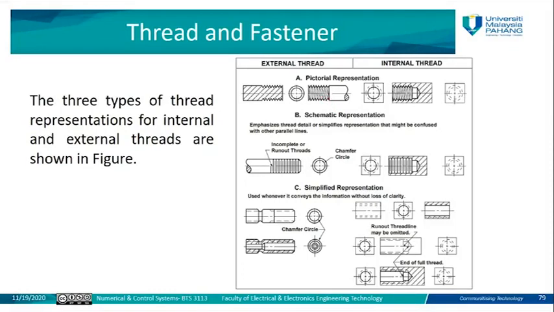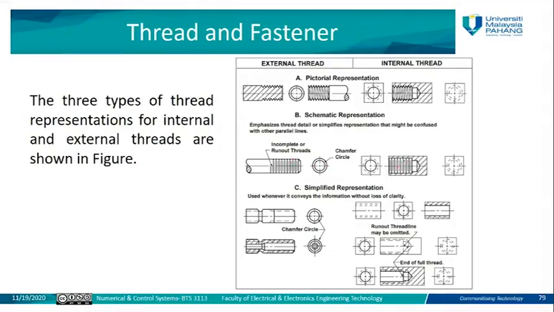But it's also difficult for the designer to draw all these lines with specific angles, with specific dimensions, and so on, to represent either the external thread or the internal thread, either the external part or the internal part of this thread. For the schematic representation, it also uses a lot of lines to draw, either to represent the diameter, to represent the teeth of the thread, to represent the step or the pitch of the thread.